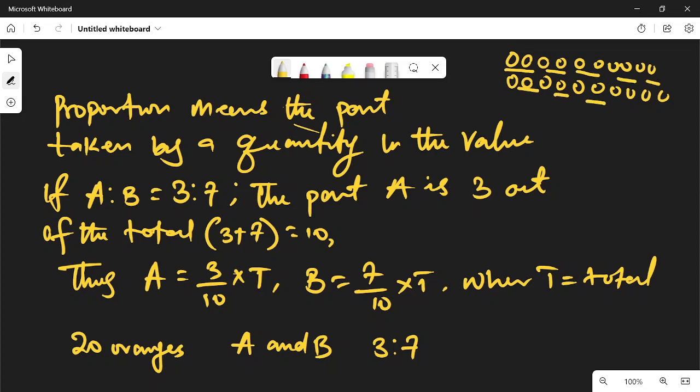If A is to take 3 portions, that is 6 oranges, and B is going to have 7 portions, that is 14 oranges. Do you understand that now?